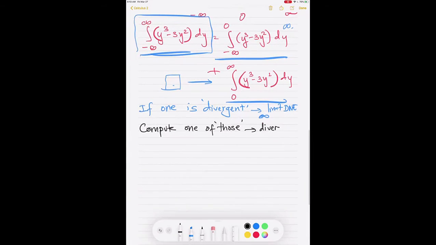I think I want to make a flowchart. So here we go. Compute one of those. If one of those turns out to be divergent, then stop, the integral is divergent.